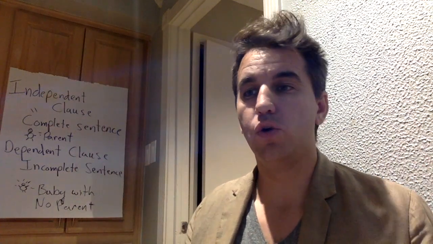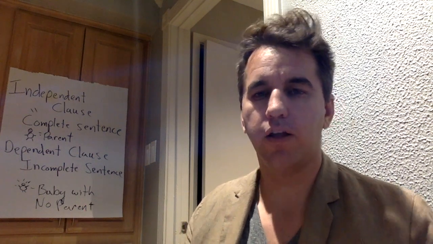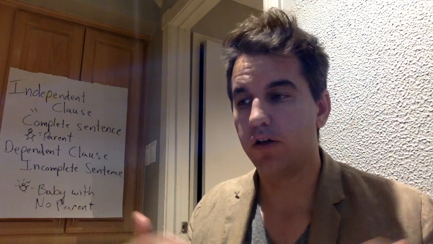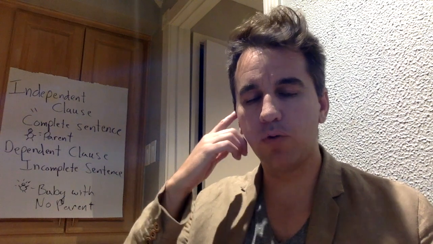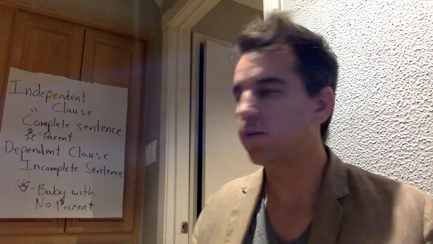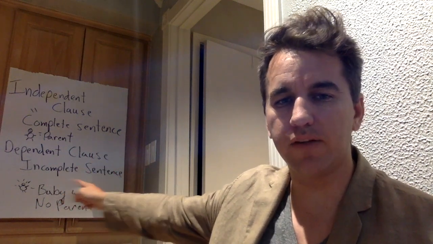So someone who does not need anyone else to help take care of them. Like, it's tax season right now. If you see on your taxes, it says, can anyone claim you as a dependent, or can you claim another dependent? So a dependent clause is an incomplete sentence.